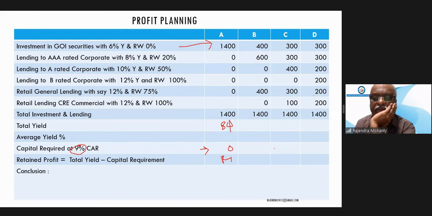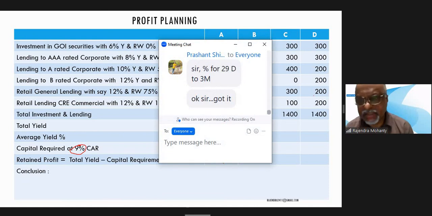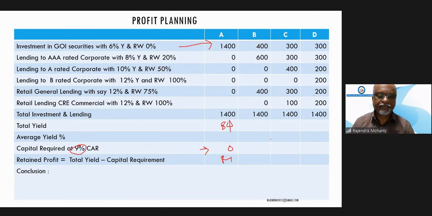Somebody should give me the correct answer. 52.65, sir. Pardon, how much? 52.65. Yes, that is the correct one. So what will be the retained profit? 77.35. Similarly, you calculate the D column also.